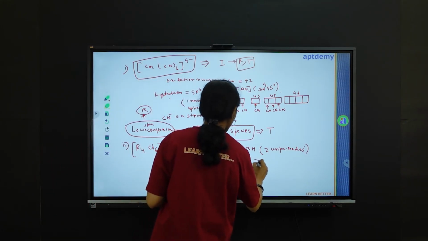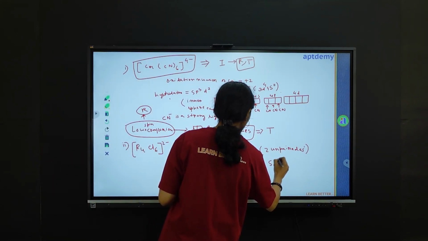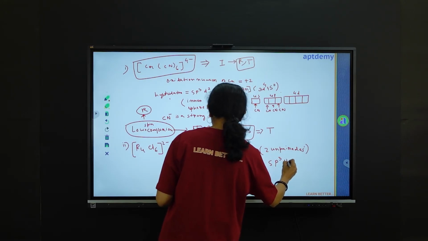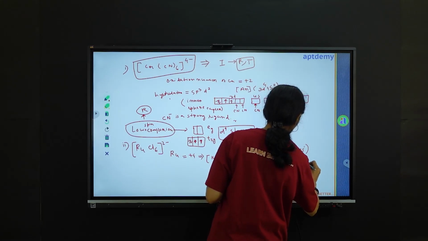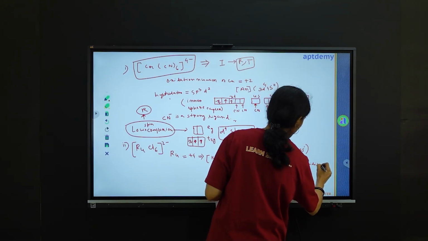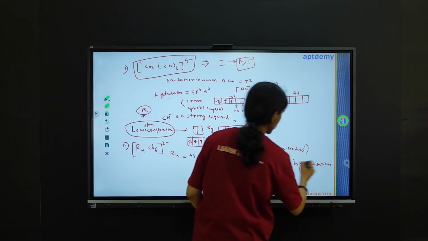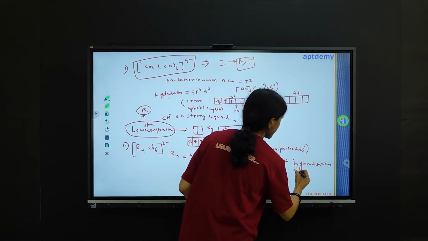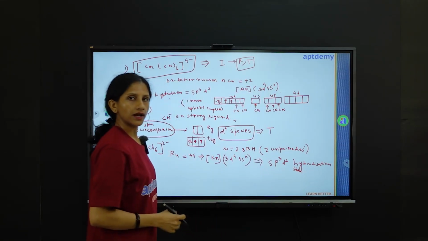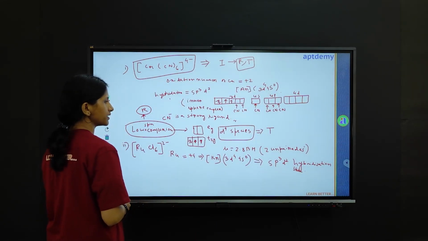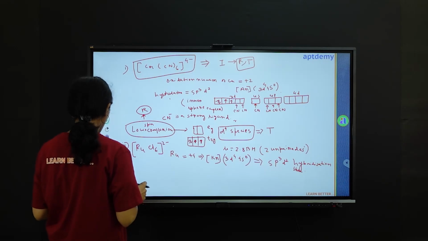So it represents sp3d2 hybridization state of the central metal atom, that is ruthenium, right?